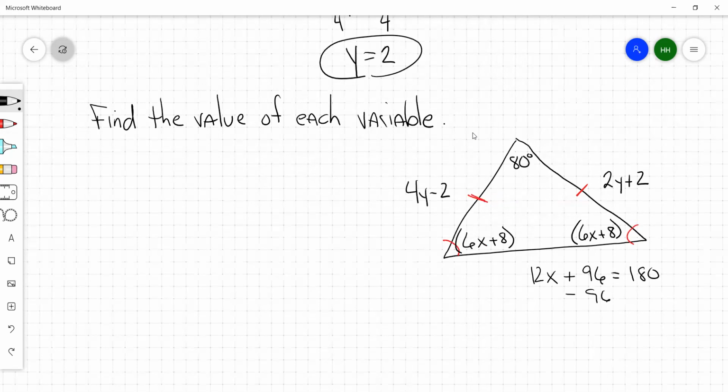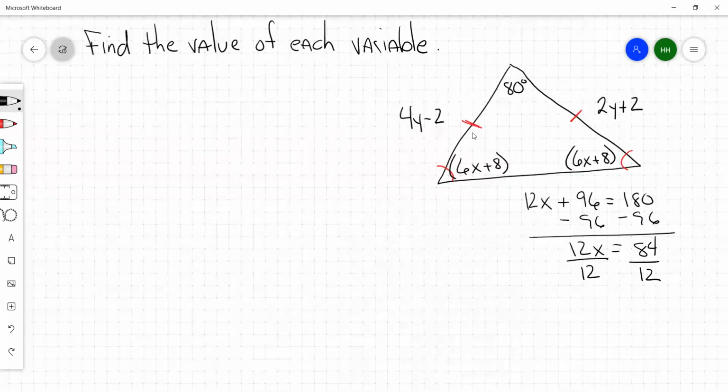So subtract your 96. Somebody tell me what 180 minus 96 is. Yeah. 84 divided by 12. What's 84 divided by 12? 7. There's your x.